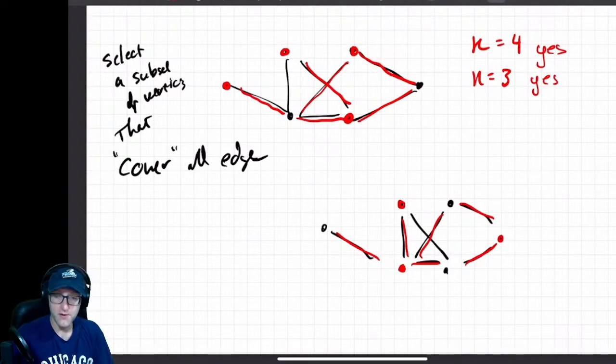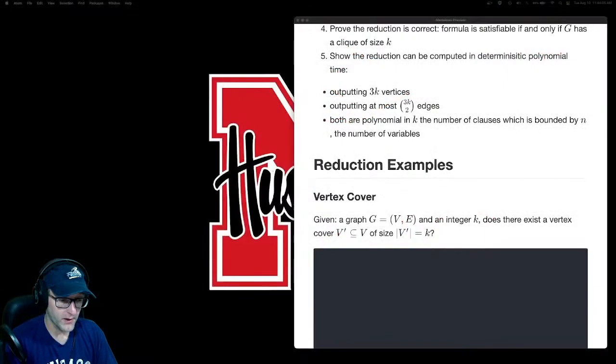But the problem is, given a graph and an integer k, does there exist a vertex cover of size k? Right? And let me go back over here. What we're going to do is reduce. Here, let me put this into the notes so that you have it.